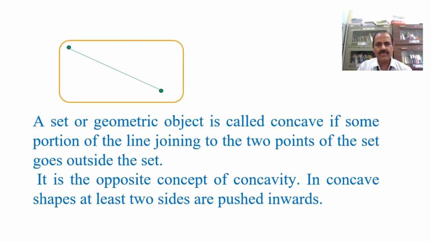A set or geometrical object is concave if some portion of the line joining two points of the set goes outside the set. It is the opposite concept of convexity. In concave shapes, at least 2 sides are pushed inward. This is a concave shape.